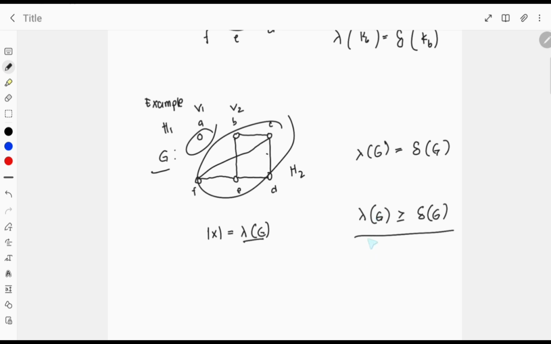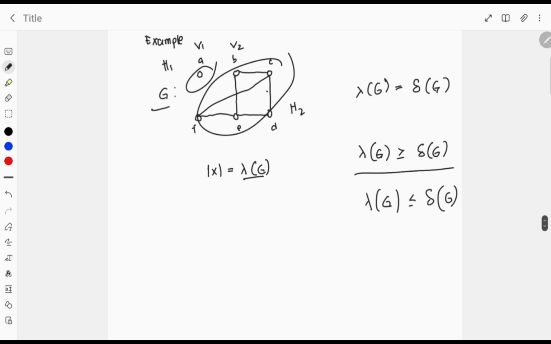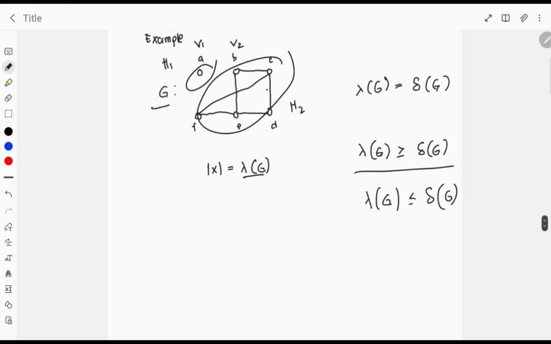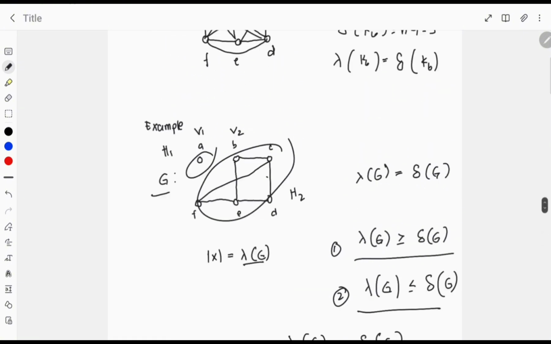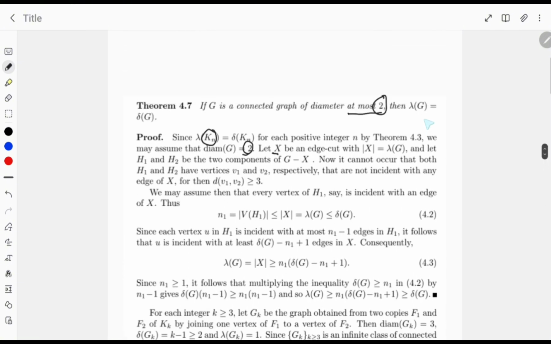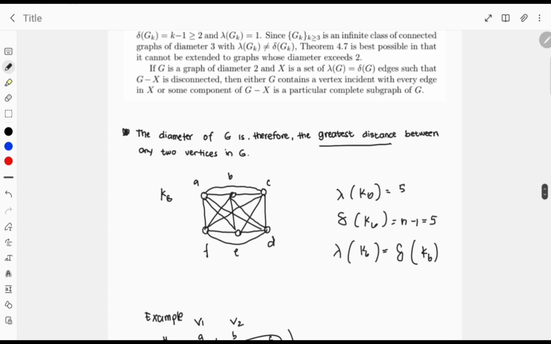What I mean for theorem 4.4 is lambda of G is less than or equal to delta of G, and thus by this property, I don't remember if it's a property, it holds that lambda of G, by these two, 1 and 2, is equal to delta of G. So then here, this one is equal.